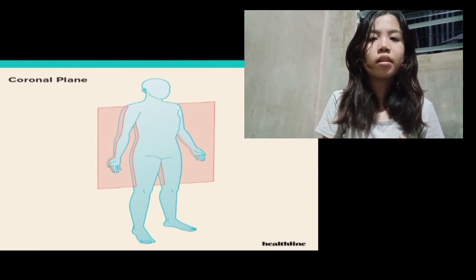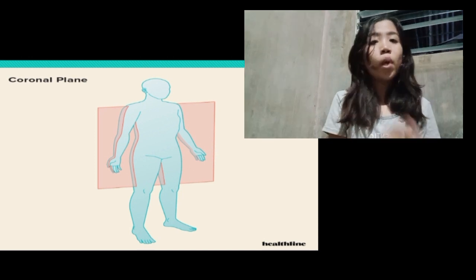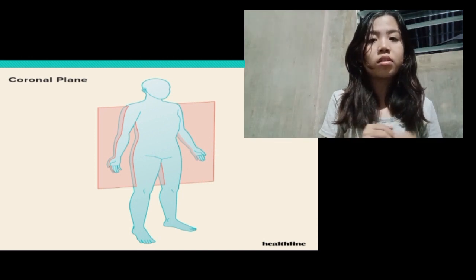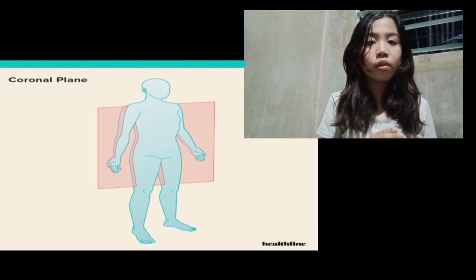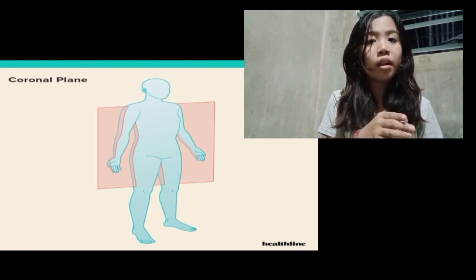Movement that occurs within the coronal plane involves side to side or lateral movements. For example, when you perform a jumping jack exercise, your arms and legs move out to the sides, which occurs within the coronal plane.